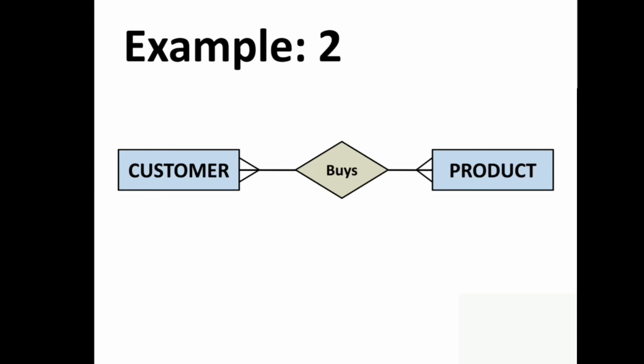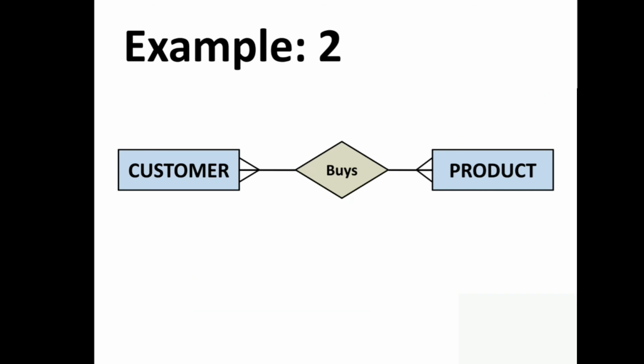Fine. Or let's take another example. If there are two entity types, that is the customer and the product, then each customer can buy more than one product, and a product can also be bought by many different customers.